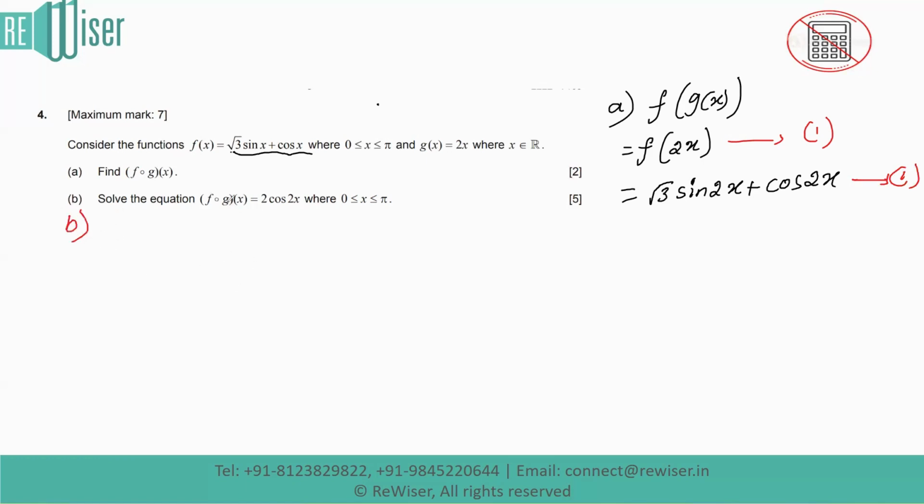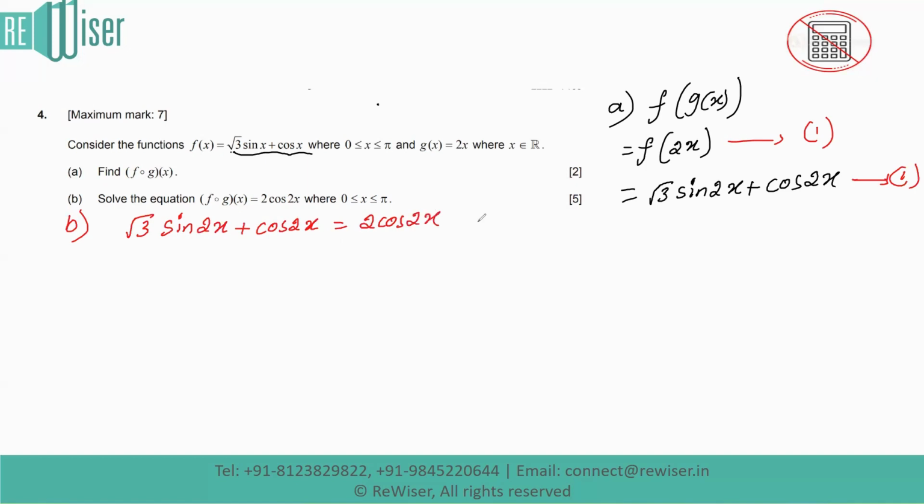For part B, we need to solve this equation. We know this f of g of x, we got it in part A. That's basically square root of 3 into sine 2x plus cos 2x, and this is equal to 2 into cos 2x.